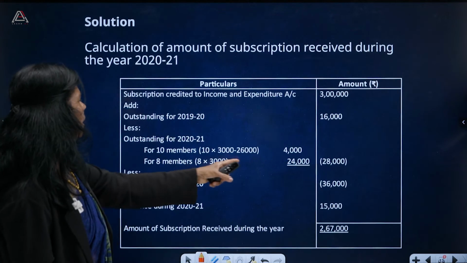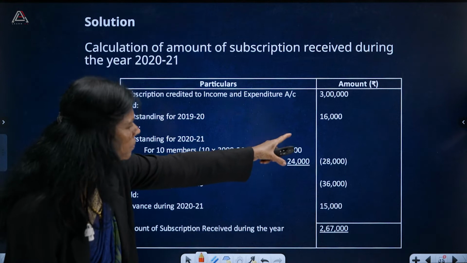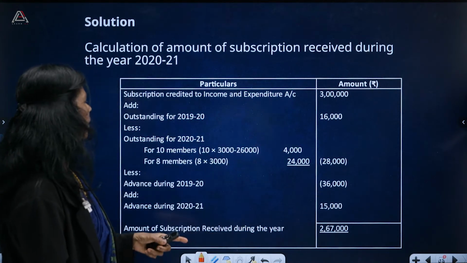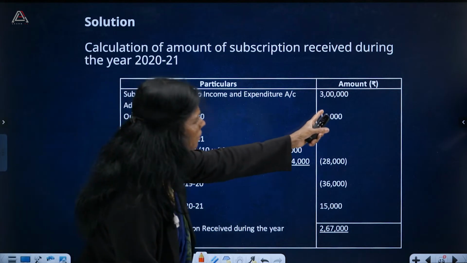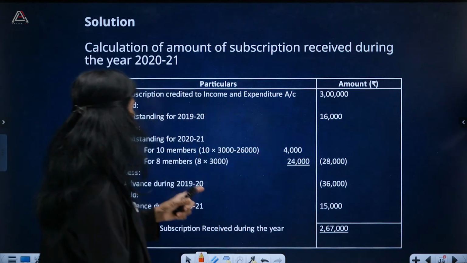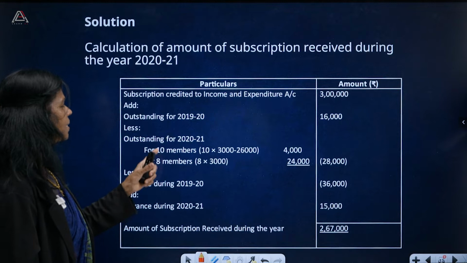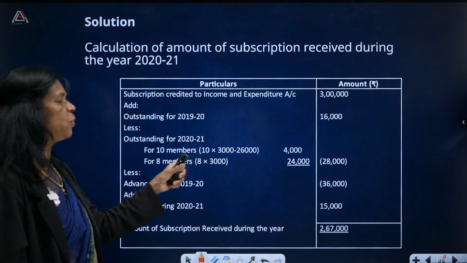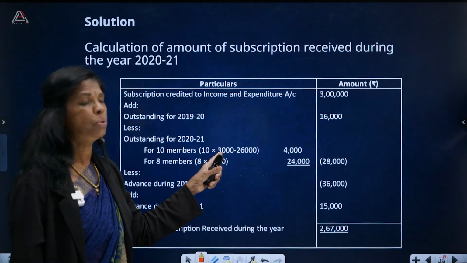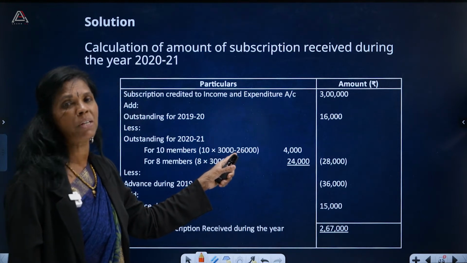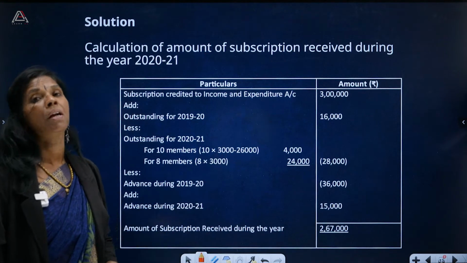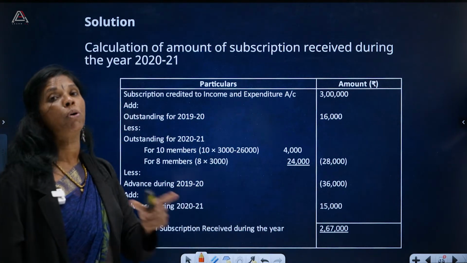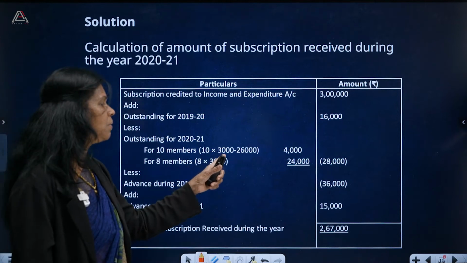See, then outstanding subscription for 2019-20, 16,000. Then we got 3 lakh plus 16,000. From that we have to minus outstanding for 2020-21. For 10 members, 10 into 3,000 minus 26,000. Actually 10 members have to make payment for 30,000, but they made the payment only 26,000.